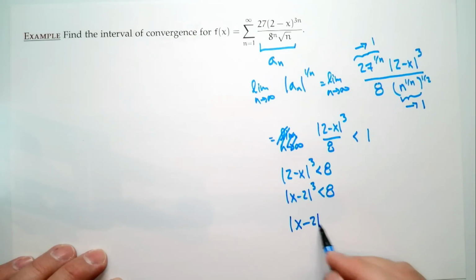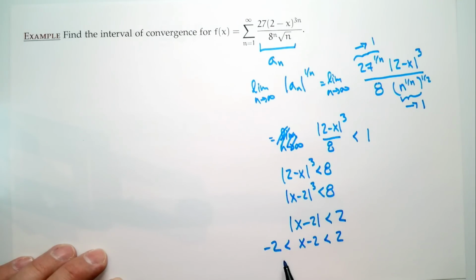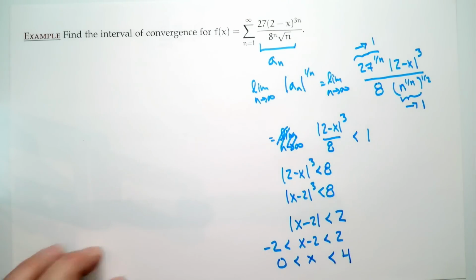So the absolute value of x minus 2 needs to be less than 2, or x minus 2 is between 2 and negative 2. And now if we add 2, we're going to end up saying that 0 is less than x is less than 4. So we know for sure it converges between 0 and 4. Now what we don't know is what happens at 0 and what happens at 4. That's the only two mysteries left. So let's go ahead and solve our mysteries.